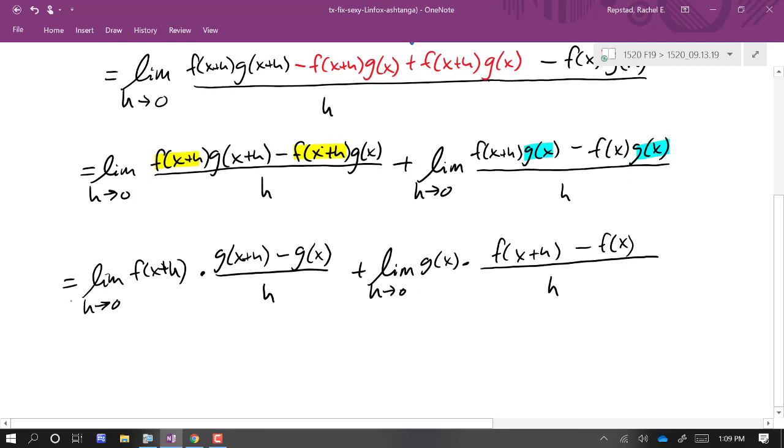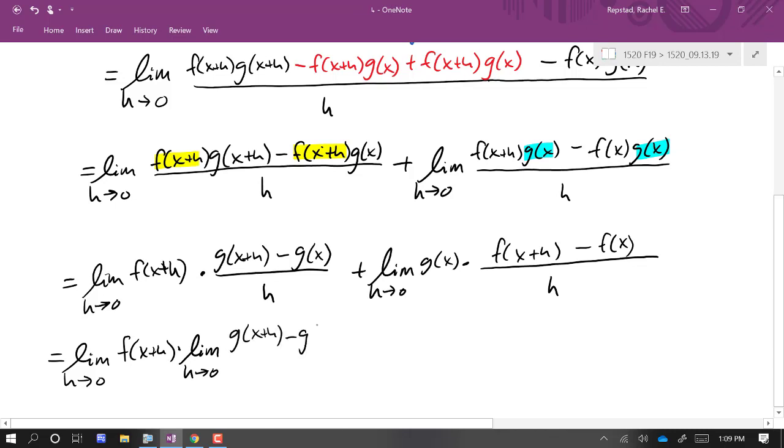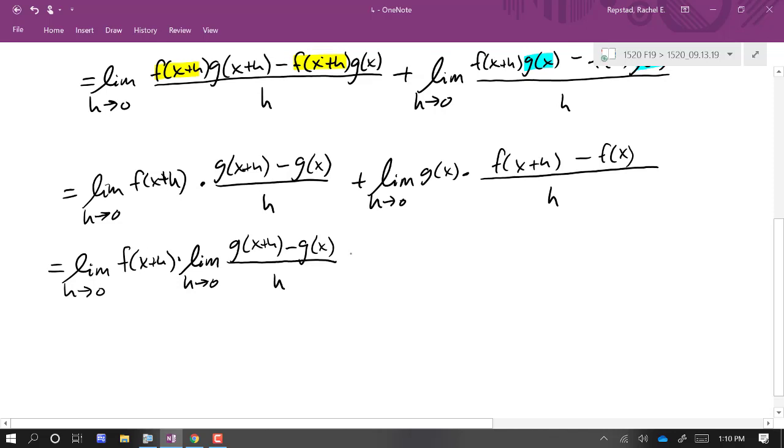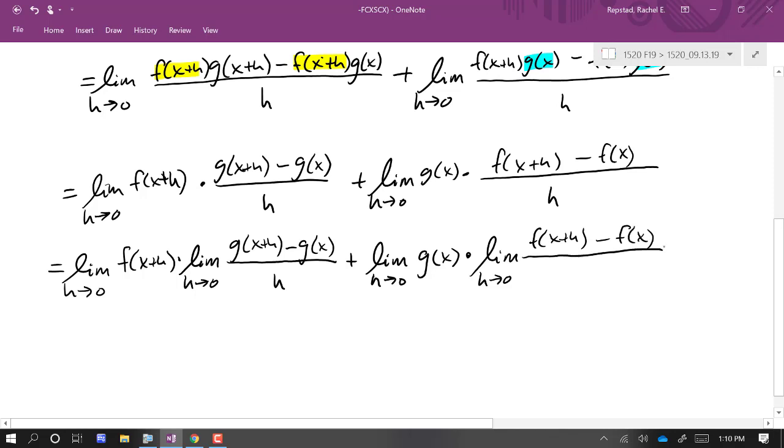So this first limit I could write as the limit as h approaches 0 of f of x plus h times the limit as h approaches 0 of g of x plus h minus g of x all over h. And I'm going to do the same thing with the other limit. So plus the limit as h approaches 0 of g of x times the limit as h approaches 0 of f of x plus h minus f of x all over h.